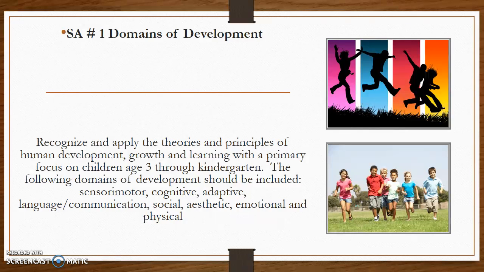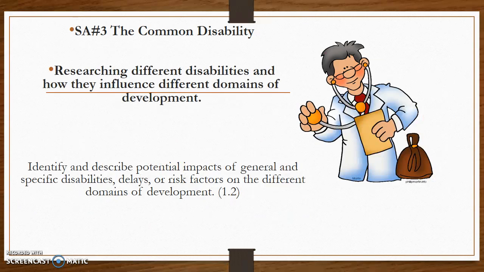When I walked away from that assignment, I truly understood what was to be expected in domains of development and some things that were not to be expected. When I completed the research for this assignment, it was very clear in stating both so that you know what things to look for if a student isn't meeting those milestones.